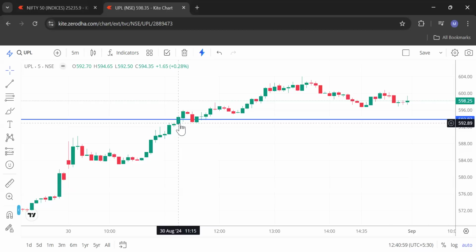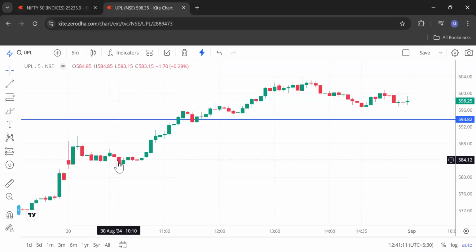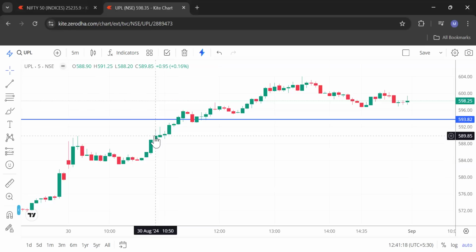Now let's count the timing of the 20th candle. 1, 2, 3 up to 20. So 10:50 to 10:55 is the last candle, which is 26.11% of the whole timing.